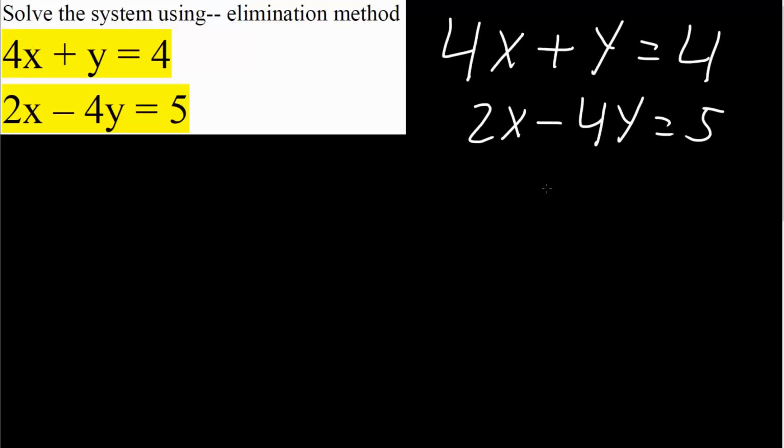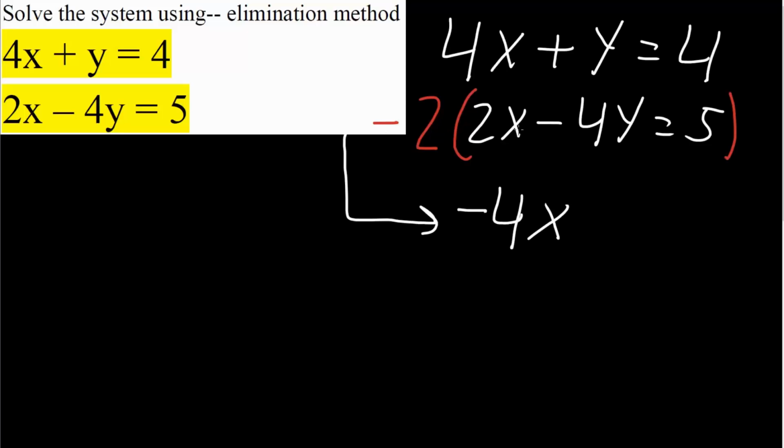And so what I'm going to do here is multiply this line right here by negative 2. This way, what we will get for this line will be, negative 2 times 2x is minus 4x. Negative 2 times negative 4y would be plus 8y is equal to negative 2 times 5 is negative 10.